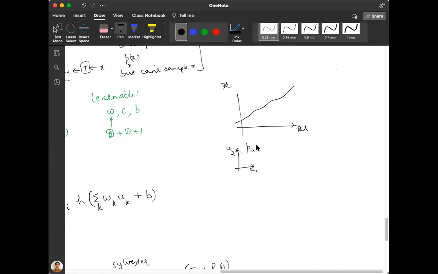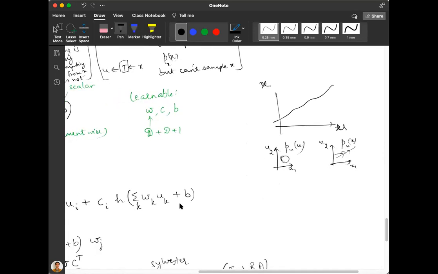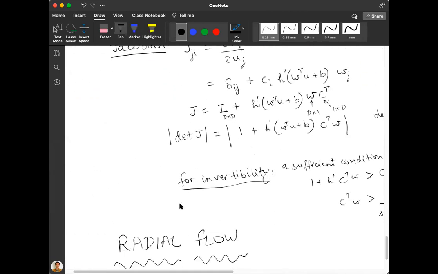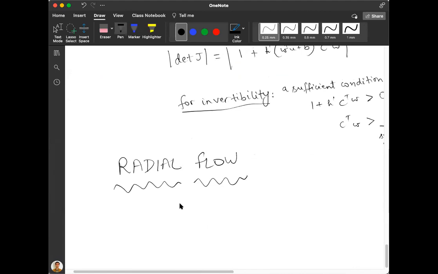Then how will it transform to some P_X(x) using the planar flow? Let's say this is a Gaussian or uniform distribution. Then how will your P_X(x) look like? You can make these plots and maybe do it as an assignment. I may not grade those assignments, but if you do it, then maybe in the quiz or exam, I can ask you. Okay, let's come to the radial flow.